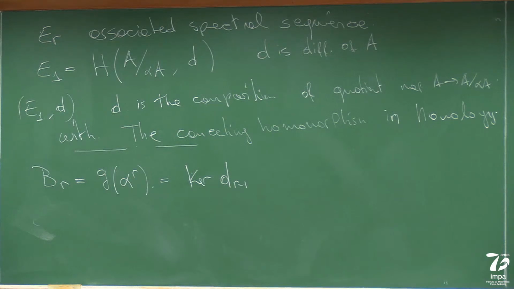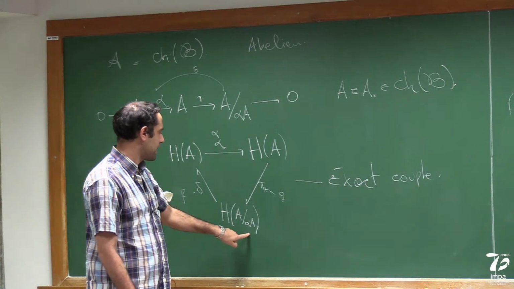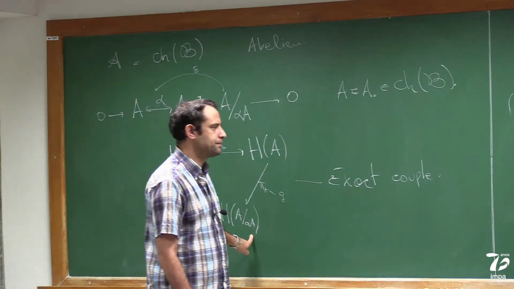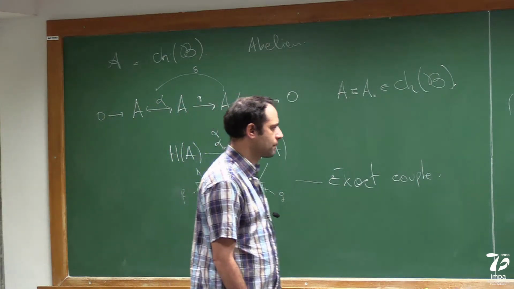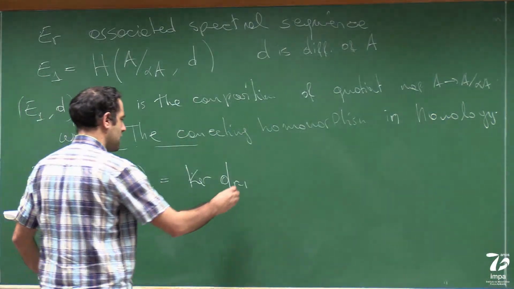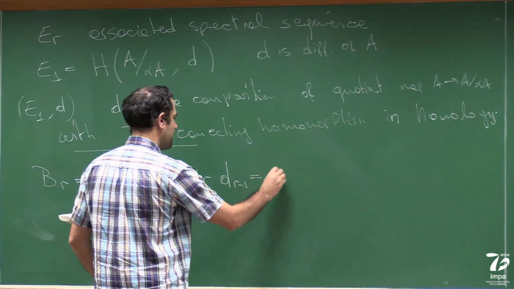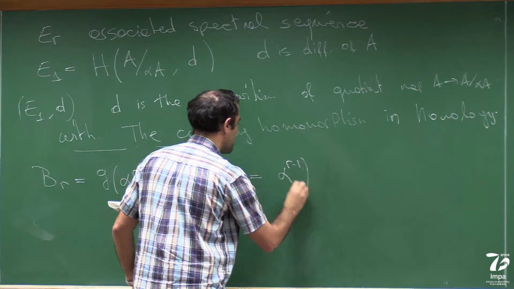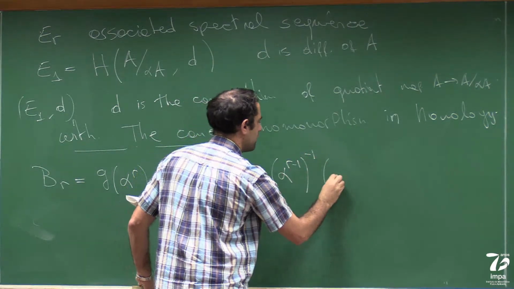And what is the kernel of that differential? Well, it's something that when I apply D, I land in 0. But G is the quotient map by alpha A, so you see that this thing here ought to be alpha_{r-1} inverse of D of A.